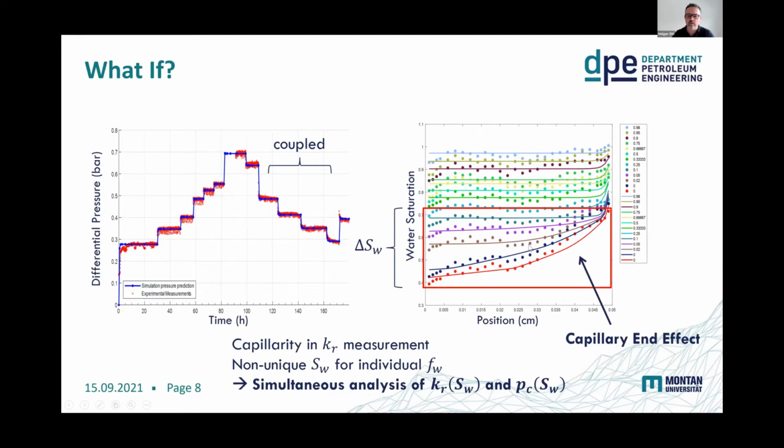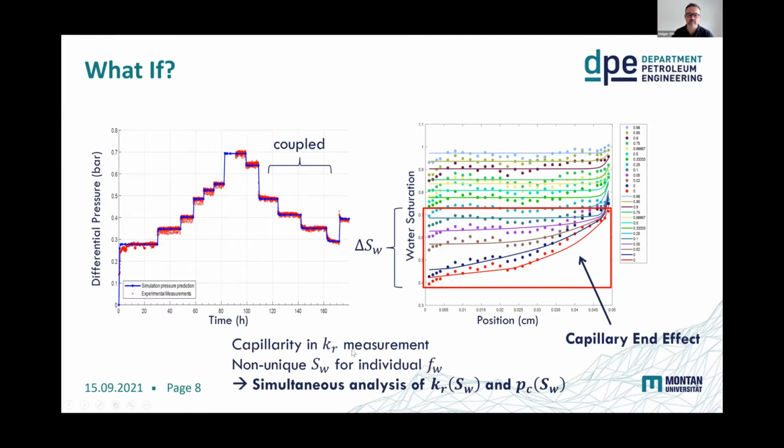This means now for one line corresponding to one fractional flow, to one experimental step, we see that there is a range of water saturations. So this means I cannot simply assign to one plateau one water saturation. That's not possible. So this tells us first that capillarity is present in relative permeability measurements.